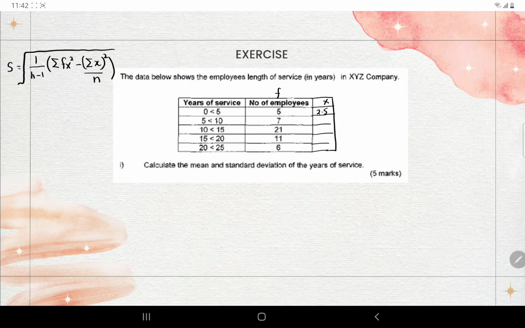And then 5 plus 10 divided by 2 gives 7.5.